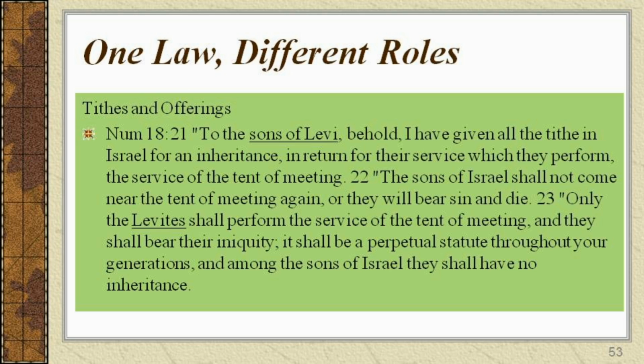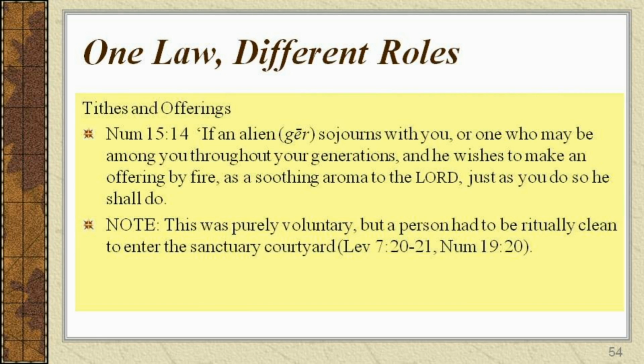The next commandment deals with voluntary offerings. In Numbers chapter 15, verse 14, we read, "If an alien, a ger, sojourns with you, or one who may be among you throughout your generations, and he wishes to make an offering by fire as a soothing aroma to the Lord, just as you do, so shall he do."